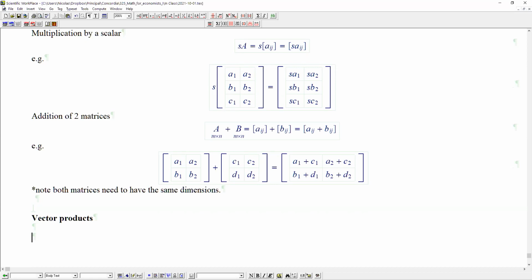No, there is no division equivalent. But you have multiplication by the inverse.